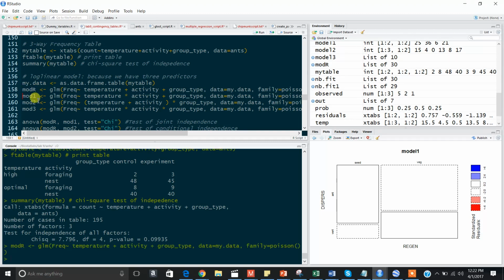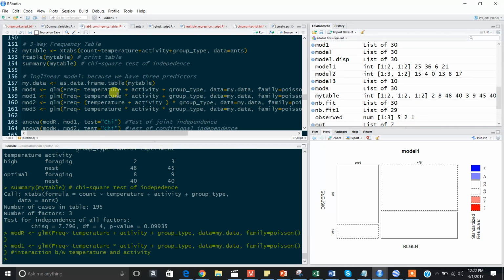Now the second model, or mod 1, that I'm building has an interaction term placed between temperature and activity. I placed it here because I want to test to see if there is an interaction between temperature and activity. So by doing that, I'm testing for a two-way interaction.